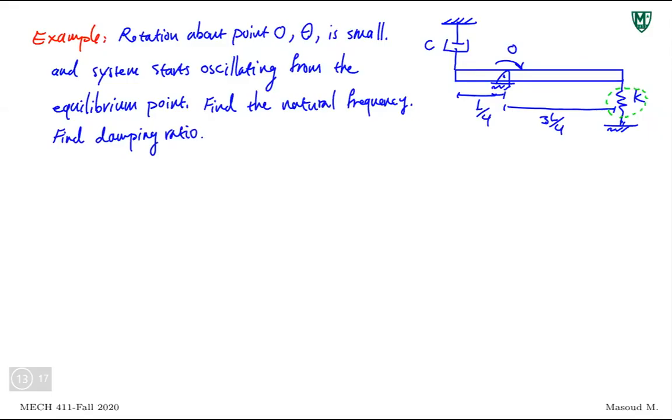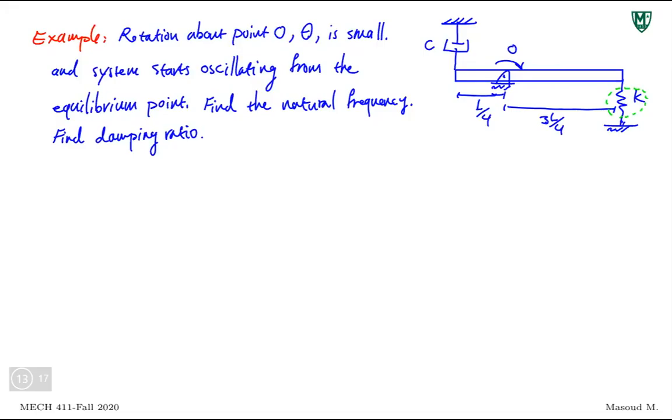That's pretty much it. I asked you to find natural frequency and damping ratio. Everything is parametric; I didn't give you the numbers. I'll add the solution to the same slide and post it, but I want you to go and think about this.